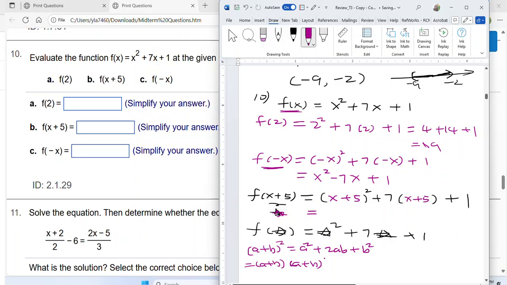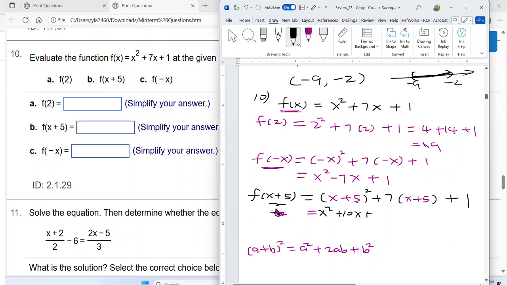So this one you will have the first term squared, so that's x squared, plus 2 times the first term times the second term. So 2x times 5, that's 10x. Plus 5 squared, the b squared, 5 squared is 25. So that is your perfect square. And then plus 7 times x plus 5, so 7x plus 35.